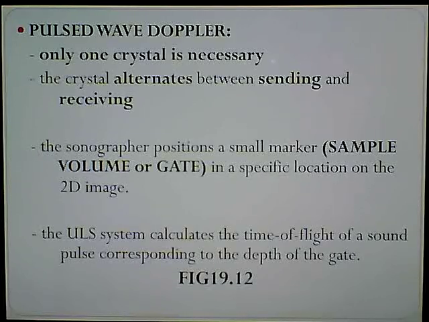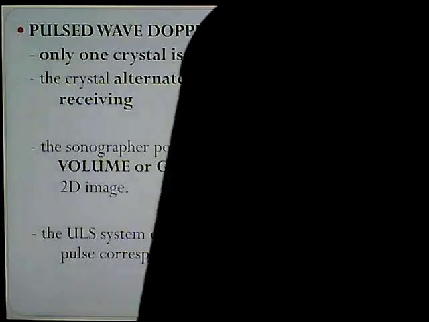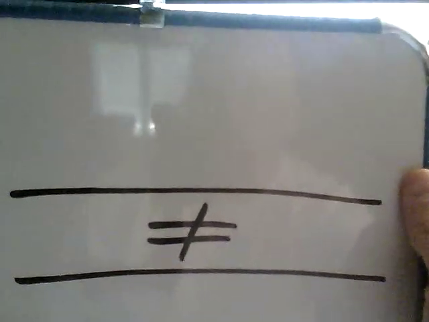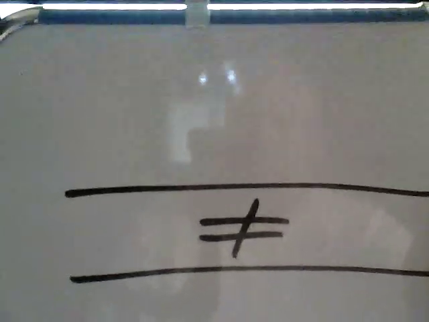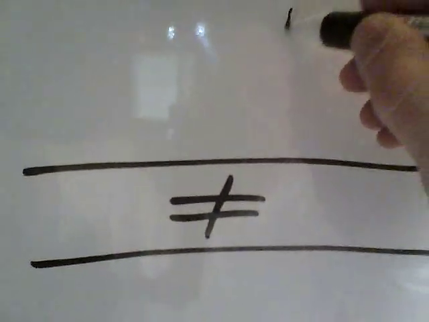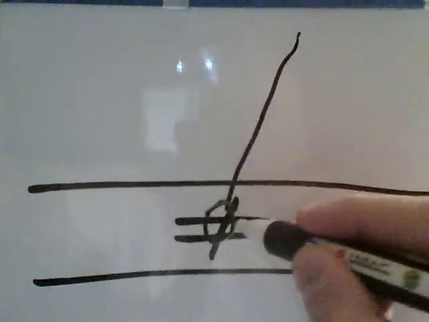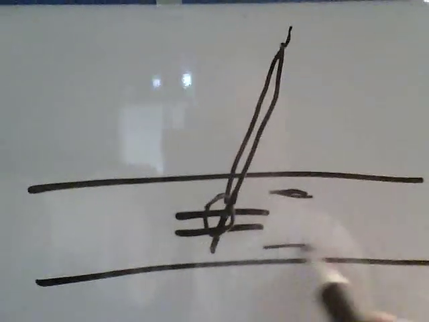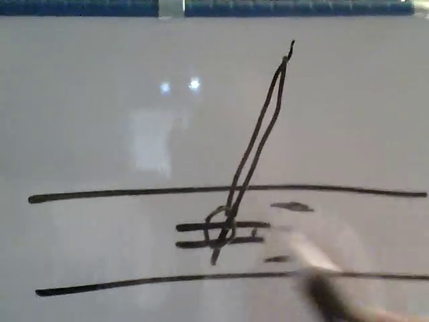And I'm going to draw you another little picture. You'll see this. That is what a sample volume or a gate looks like. And what we do is it's timing the time of flight to this point and back. Not here, wherever we put it.